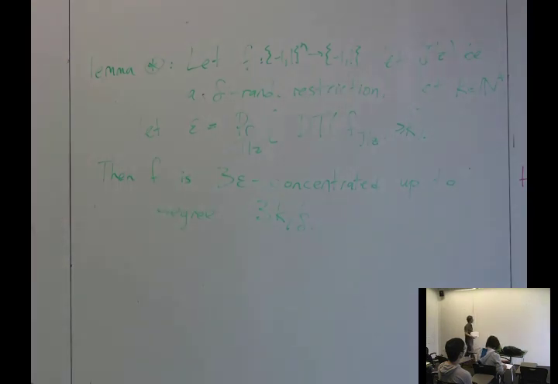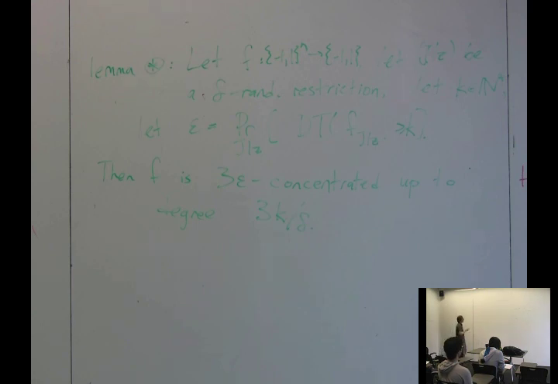So if you can find a delta which is not that small, such that the associated epsilon is small, this gives you a very good Fourier concentration statement.